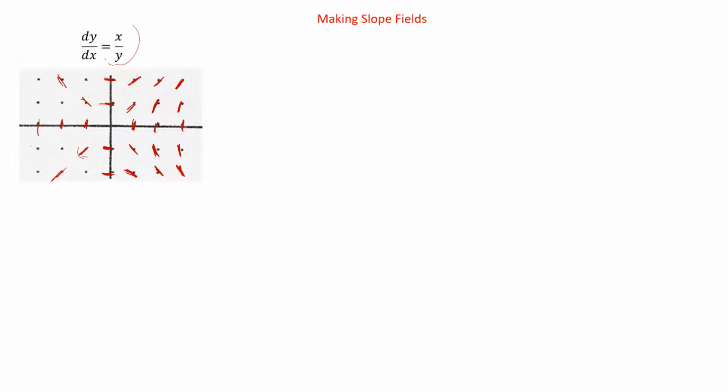Then over on the other side, we have negative 2, negative 1/2, negative 3, negative 3/2. The other way.